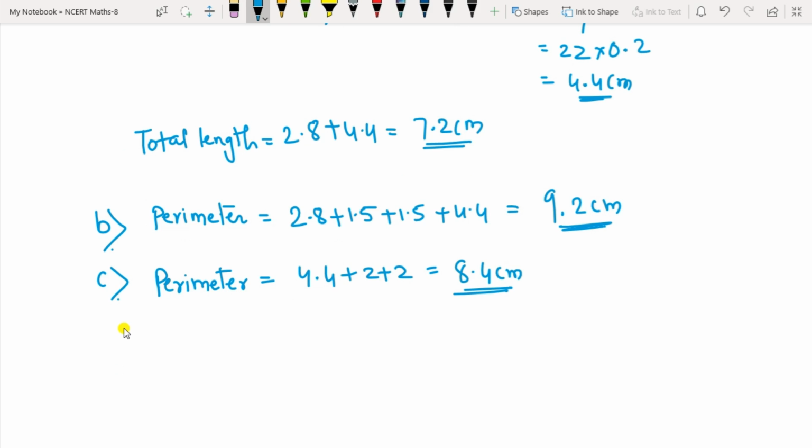The second figure, in figure B, the ant has to take a longer round.